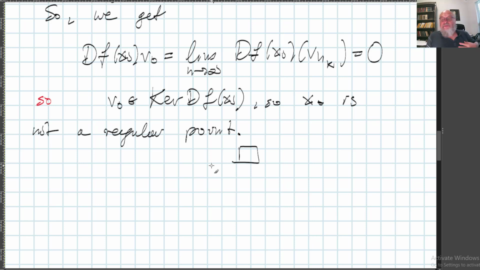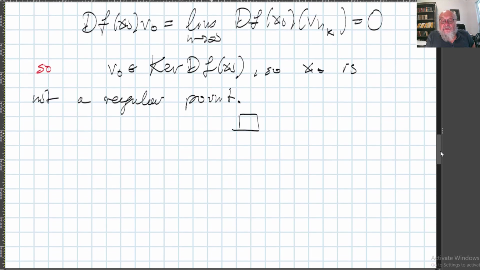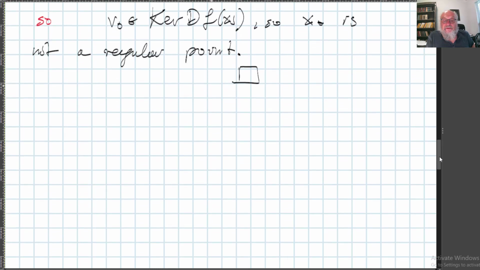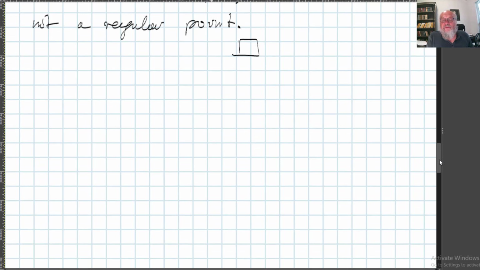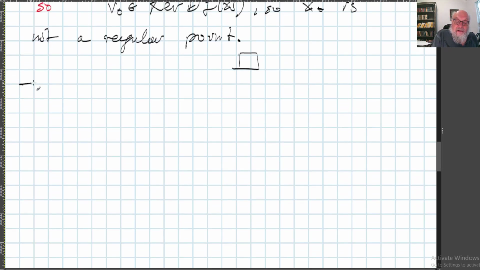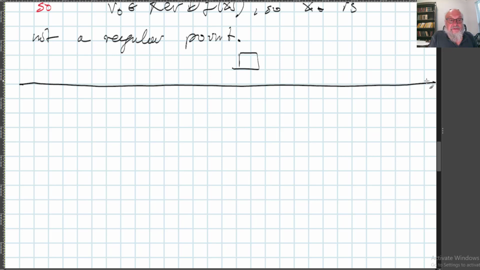Very good. So now we are in a position to prove the main result, and then we will explain how this result is used in practice. So, theorem.